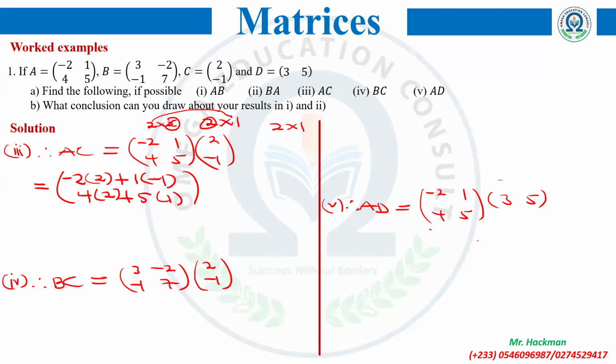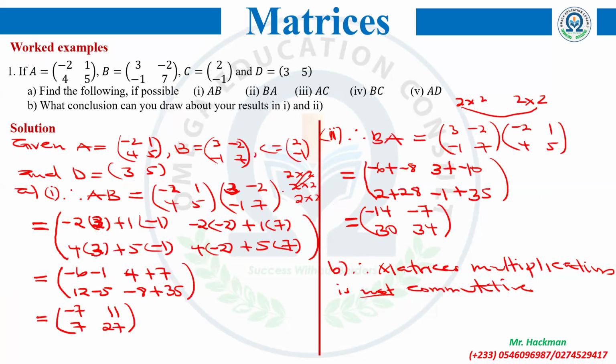Our first matrix here, which is minus 2, 1, 4, 5, we indirectly repeated twice when the product gave us a 2 by 2.